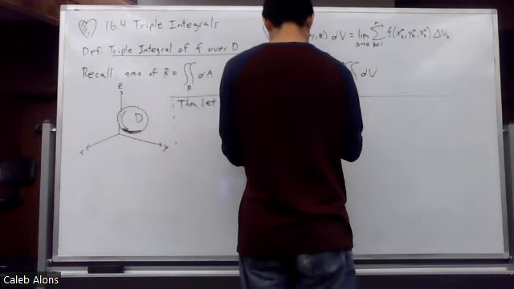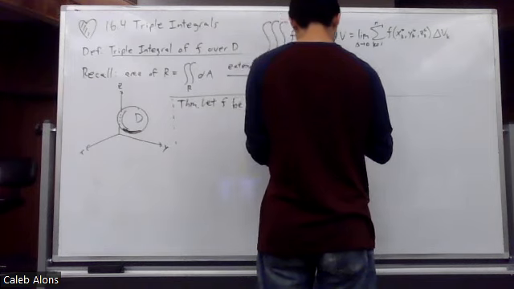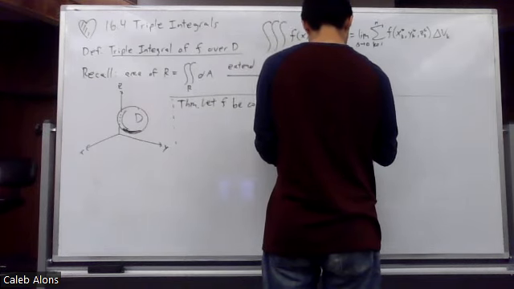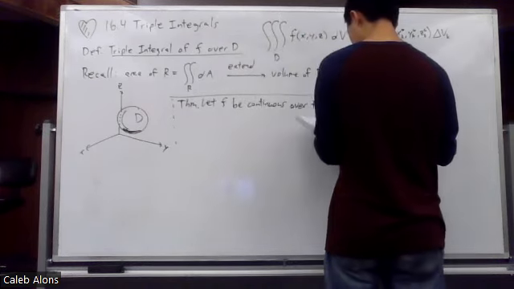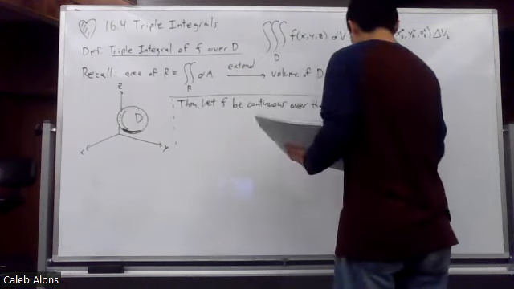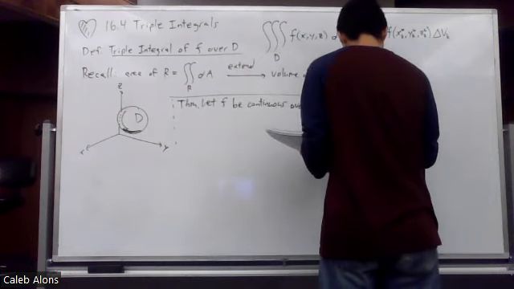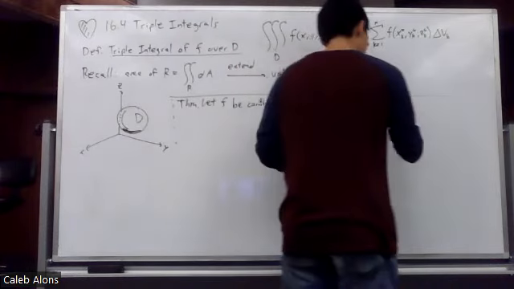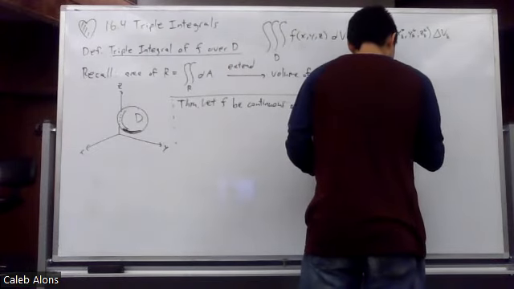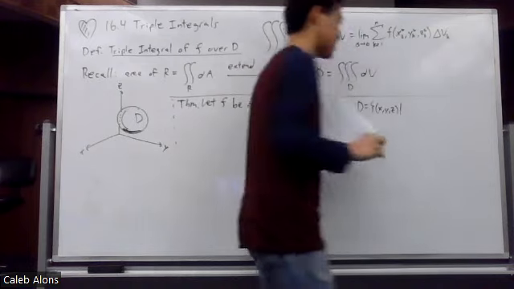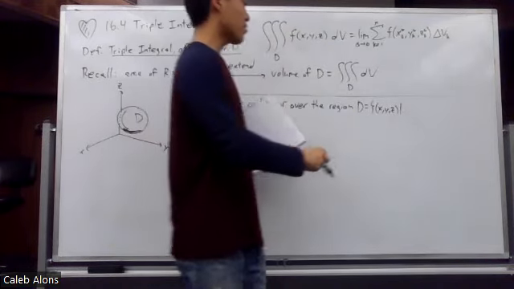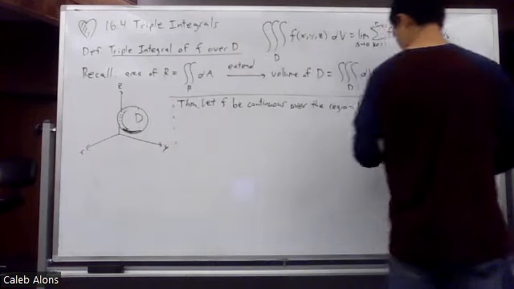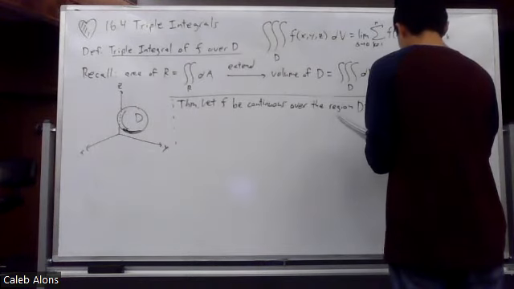Over the region D, the way we're going to describe D will be very similar to how we've been describing all the other regions. We have a collection of points x, y, z, so we're specifying this is three-dimensional, and then we restrict x, y, and z between certain things.